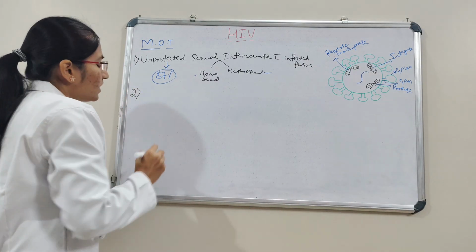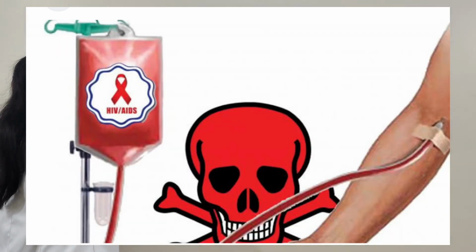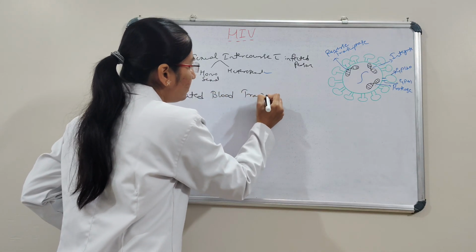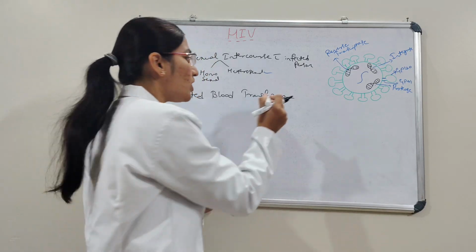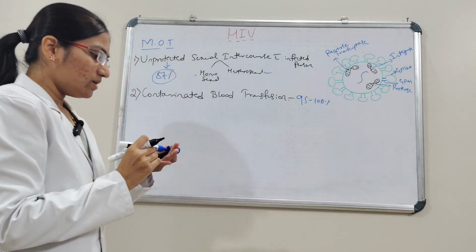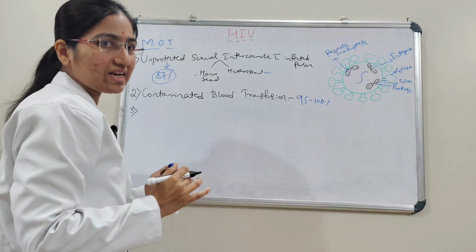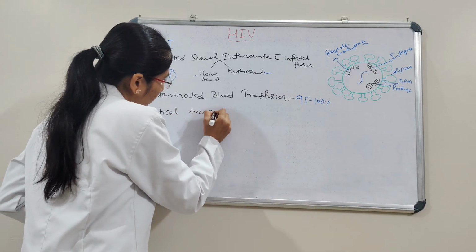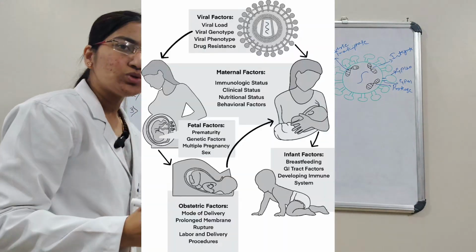And then contaminated blood transfusion. Here there is a 95 to 100% chance of spreading the infection. Next comes vertical transmission, in the sense of transmission during pregnancy from the mother to the fetus.